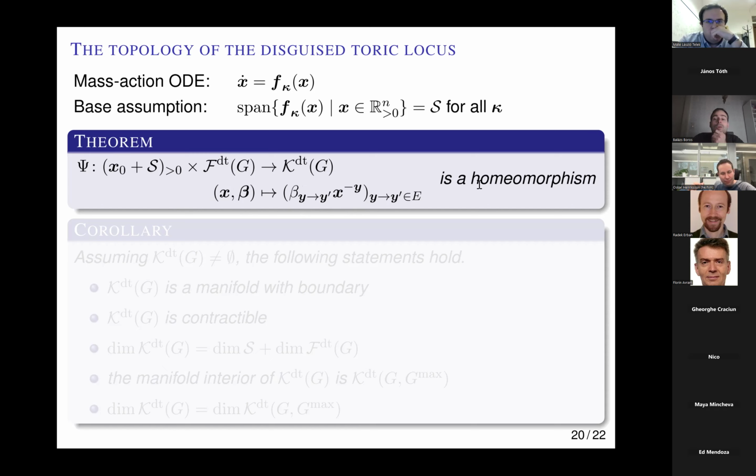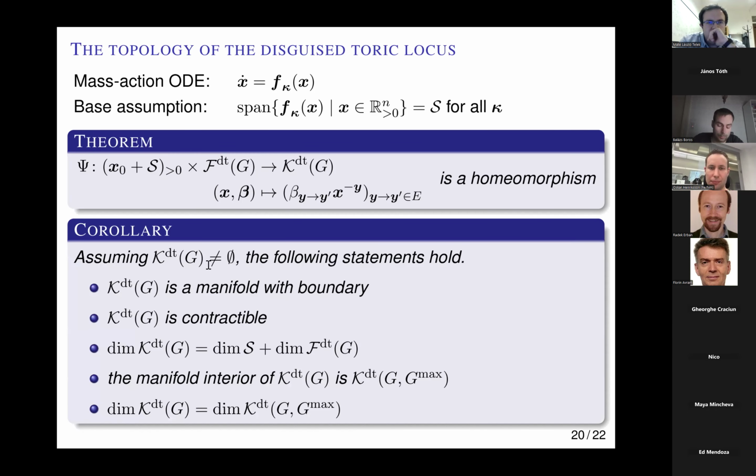This map is a homeomorphism between the positive stoichiometric class cross the disguised toric flux cone and the disguised toric locus. And this tells us a lot of nice things.